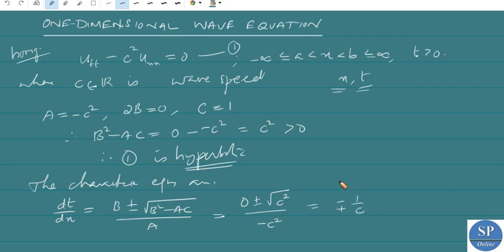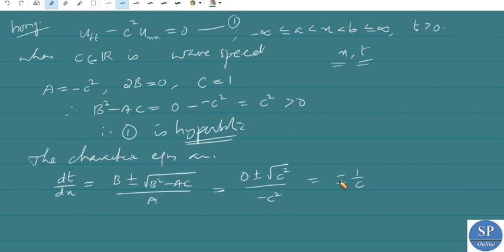So we get two differential equations: dt by dx equal to minus 1 by c and dt by dx equal to plus 1 by c.